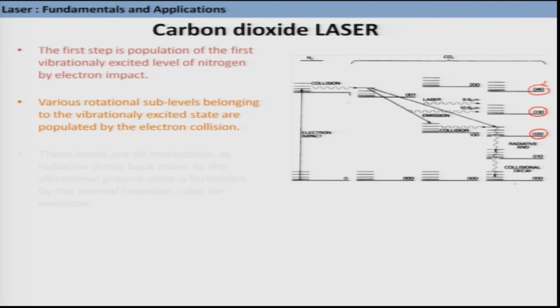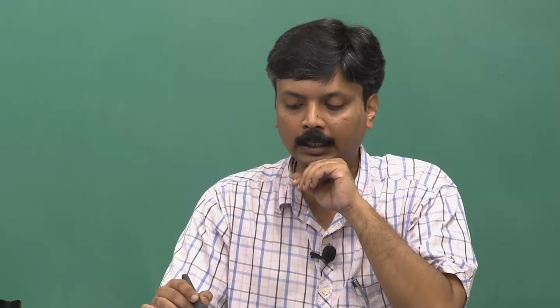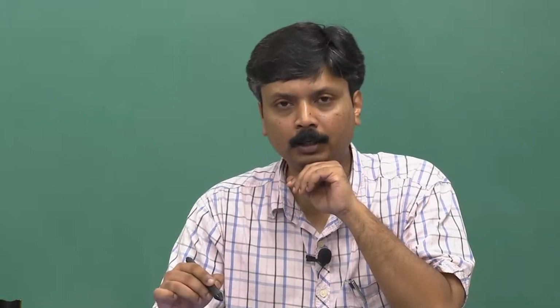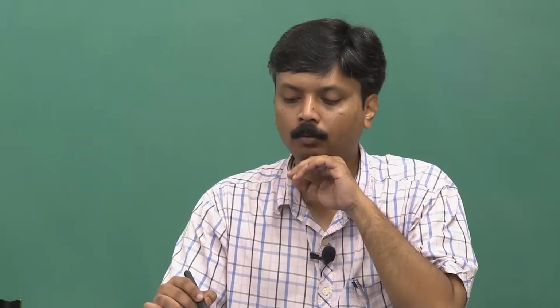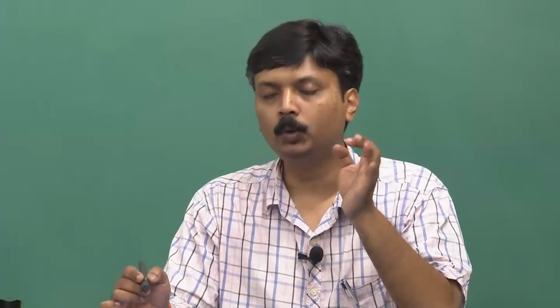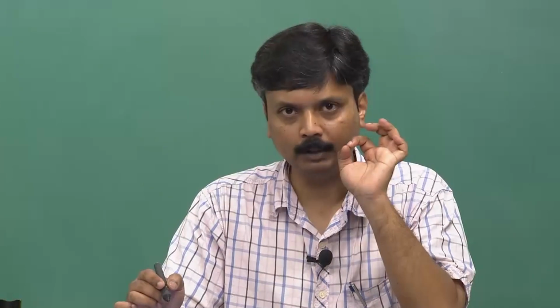So the first electron impact takes place in the nitrogen molecular states, and then this excited nitrogen electronic state and the corresponding vibrational and rotational states transfer their energy, and hence the population, to the levels of the carbon dioxide molecule.